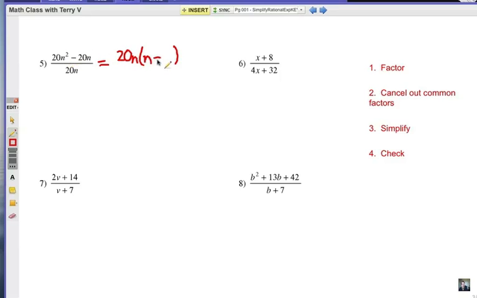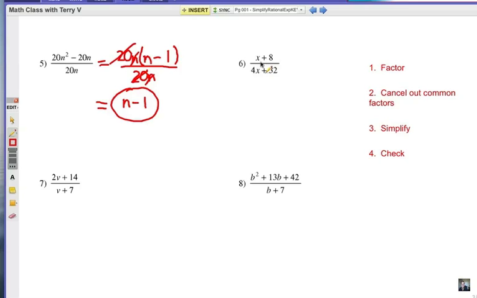Now let's match the sign on the inside there, and 20n divided by itself, not 0, no, it's 1. Okay, make sure you put a 1 there. Now on the bottom I have a 20n. Now this turns out to be a very easy example, but the 20s cancel, the n's cancel, and so step 3, simplify. All I have left is n minus 1. Now you don't really need those parentheses. It is a binomial answer, and so you can just leave the parentheses off.